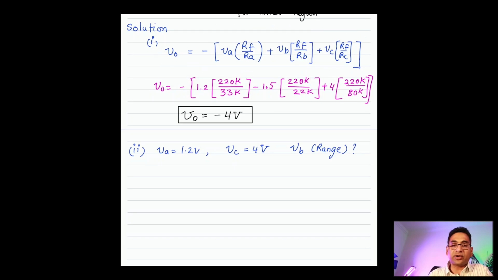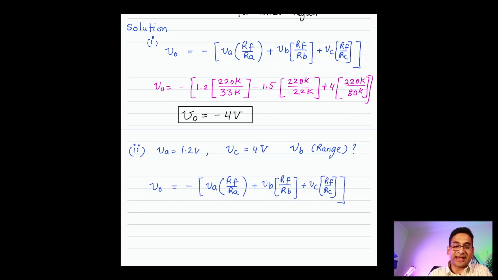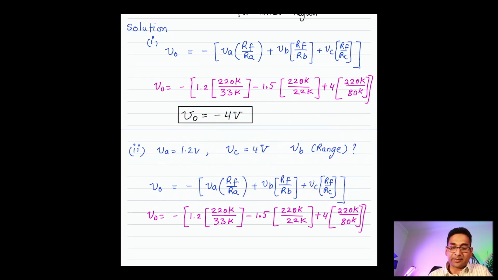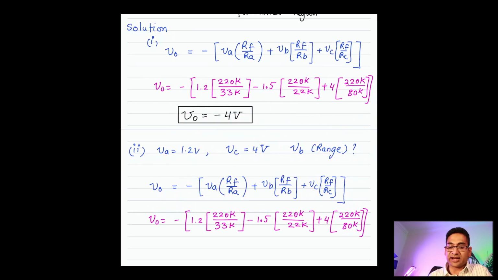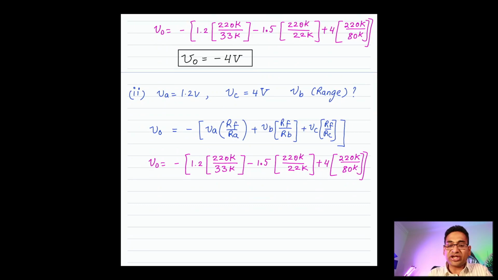As a matter of fact, I am going to copy that whole equation and paste it over here, and the same thing for the purple equation as well. The only thing that's changing is VB here.